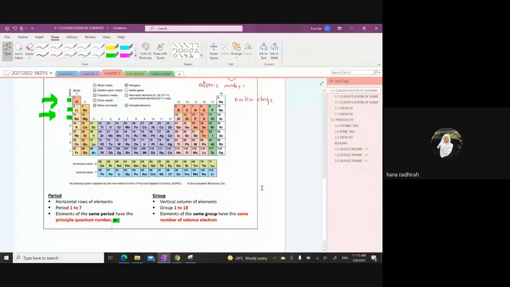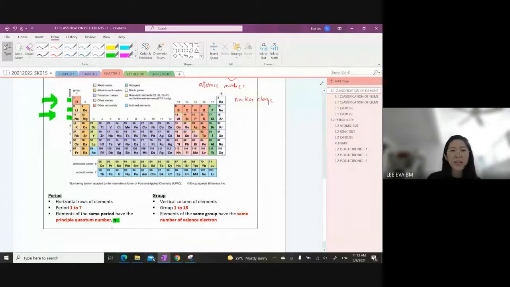Okay. So period, we start from 1. That means if you take period 1, you only have one shell. Here Madam wrote, if period 1, n is only one. So n, energy level, you only have one shell. If you come to period 2, that means you have two shells, two energy levels, up until n equals 2.